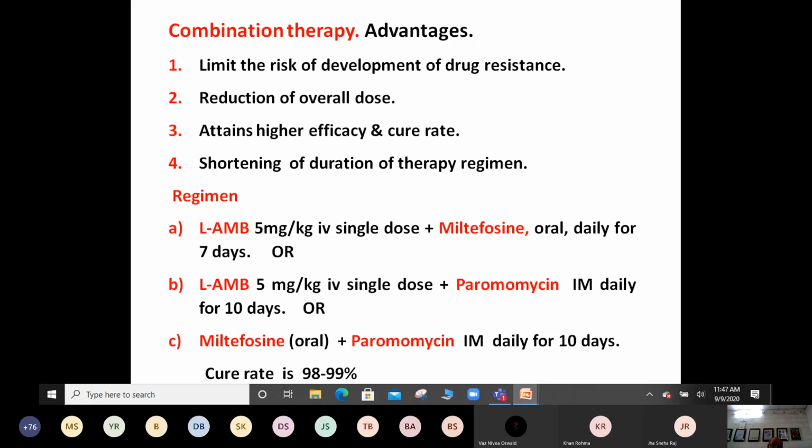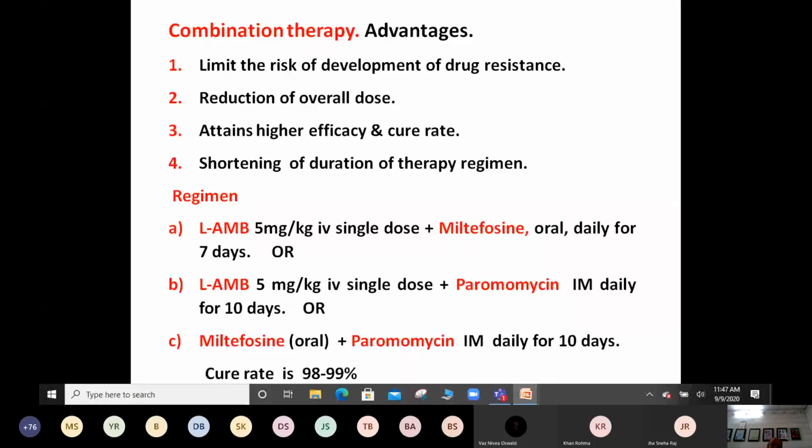Number three, attains higher efficacy and cure rate more than 99%. Number four, shortening of duration of regimen, because you have seen that sodium stibogluconate you have to give for 30 days, amphotericin B for 3 to 4 weeks. So if you use combination, the dose can be reduced, the duration also can be reduced.